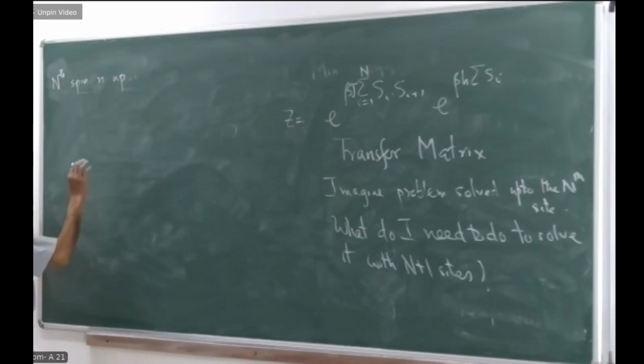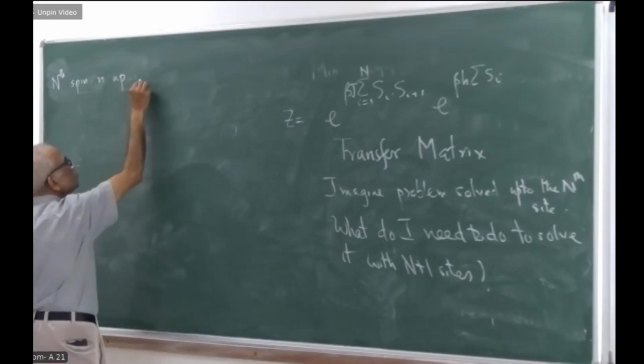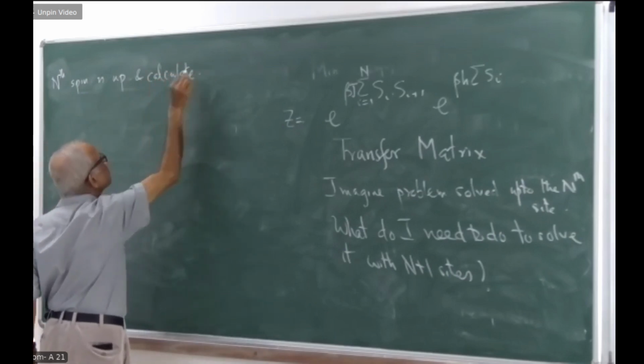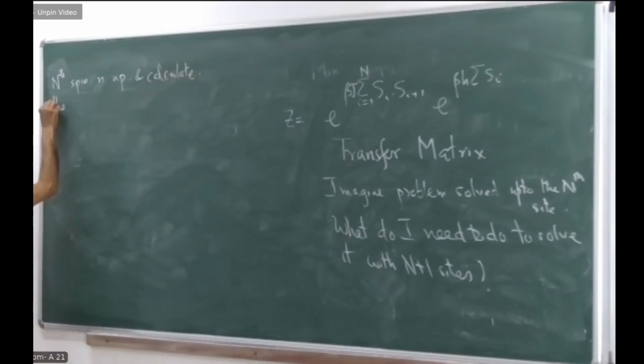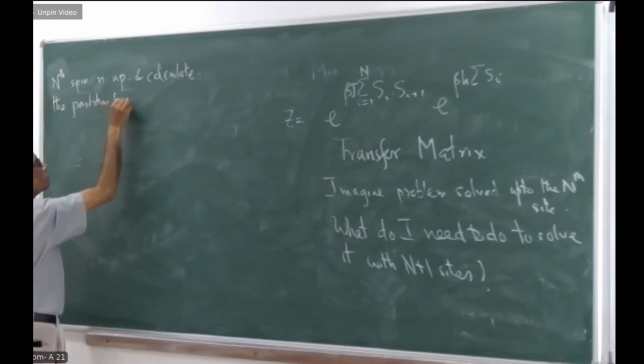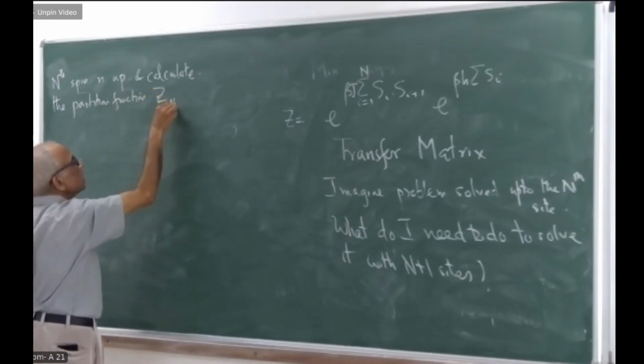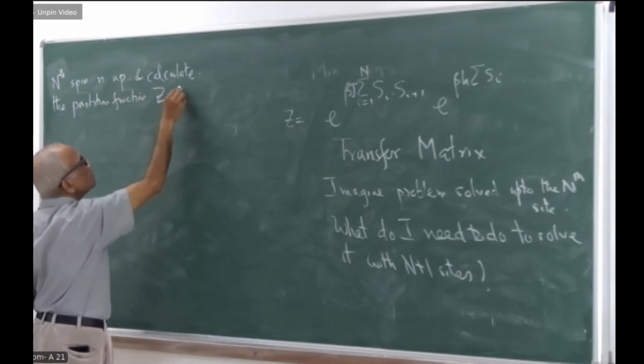So I hold the nth spin up and calculate the partition function, which I call Zn plus.